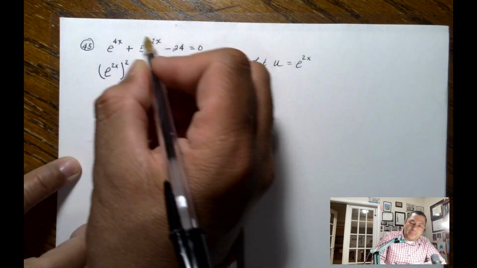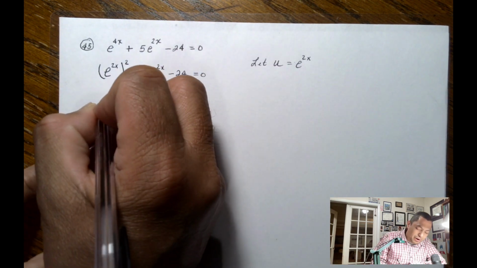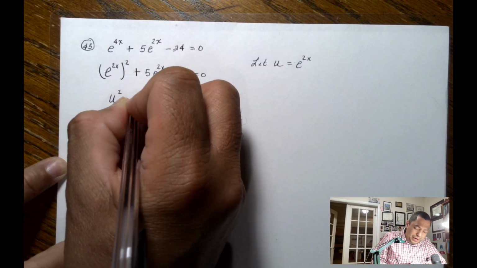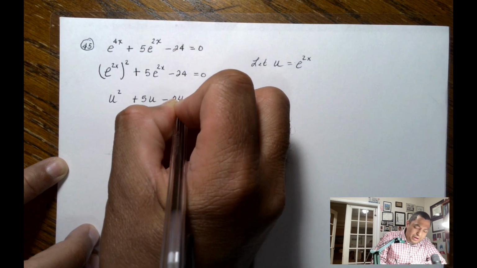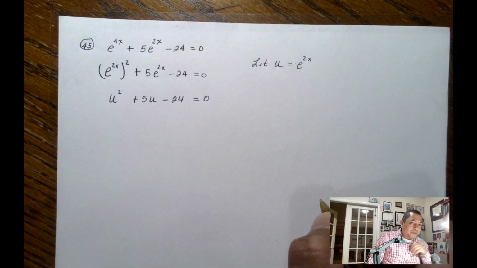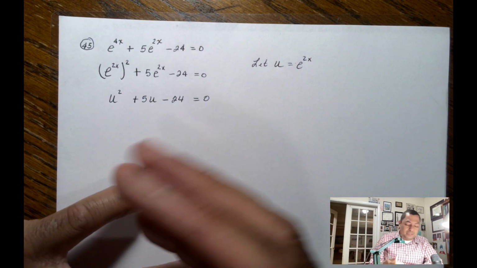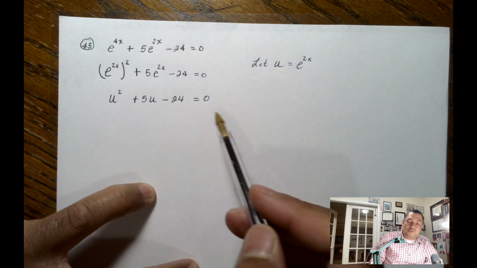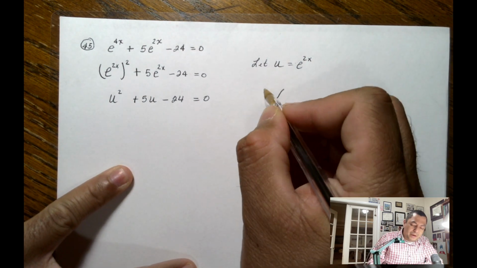Now this exponential equation becomes u squared plus 5u minus 24 equals 0, which is just a trinomial. It's a quadratic equation that we can solve by factorizing.